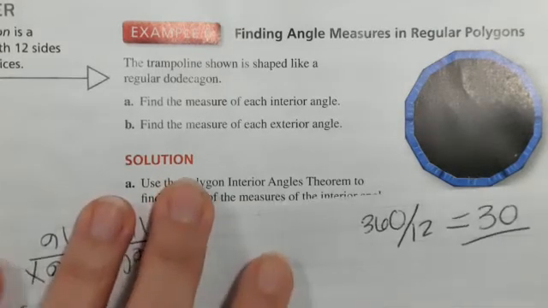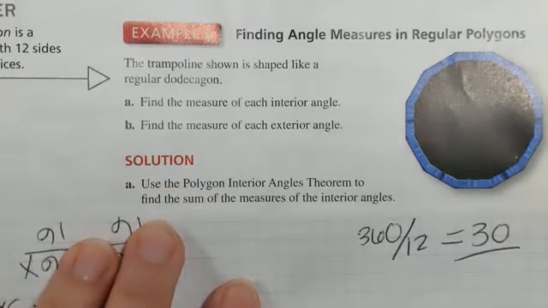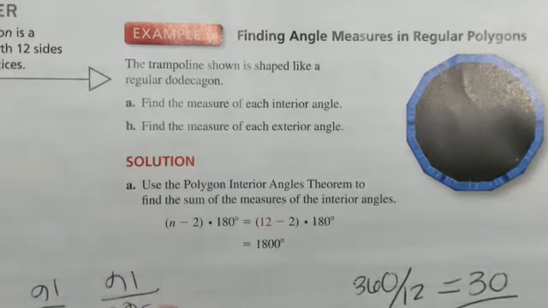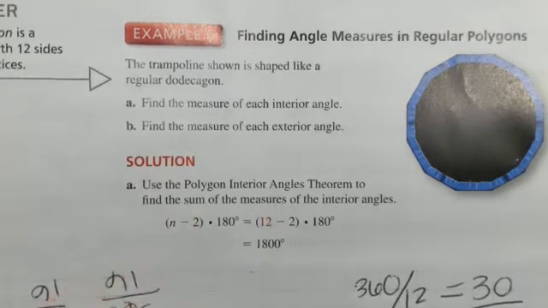So now we need to look at each interior angle. You have a couple choices now on how to solve, but we're going to go through all of them just so that you understand all of them. Okay, so we can use our formula to find the total measure of our interior angles.